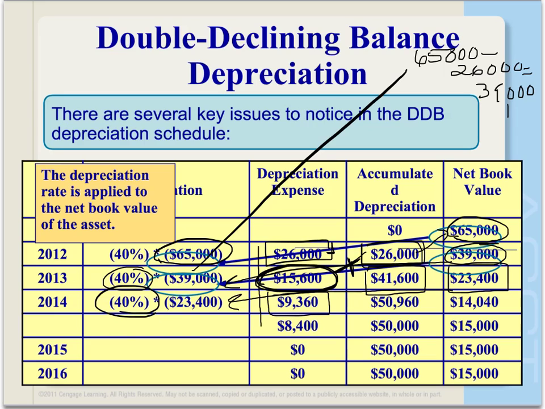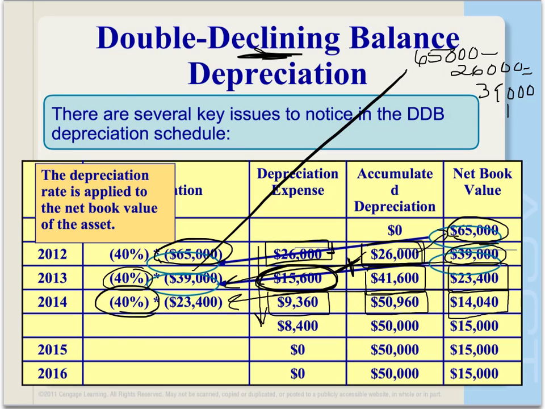See that the depreciation declines each year from the previous year. Hence the double declining balance nomenclature on this particular calculation method. So now the accumulated depreciation is 50,960. You can see that our net book value is 14,040 at this particular point. We said that we could never go below, right?